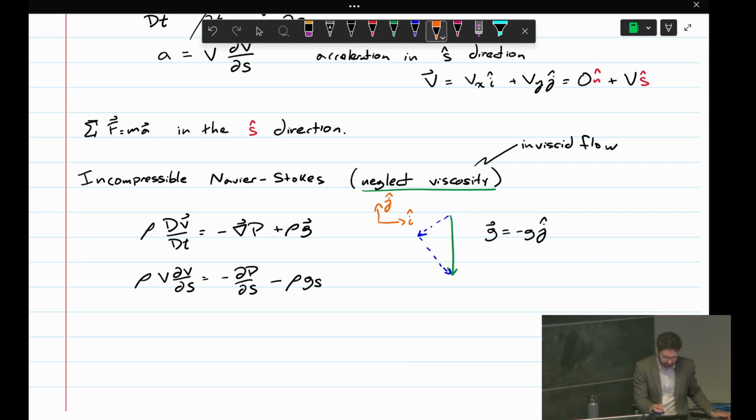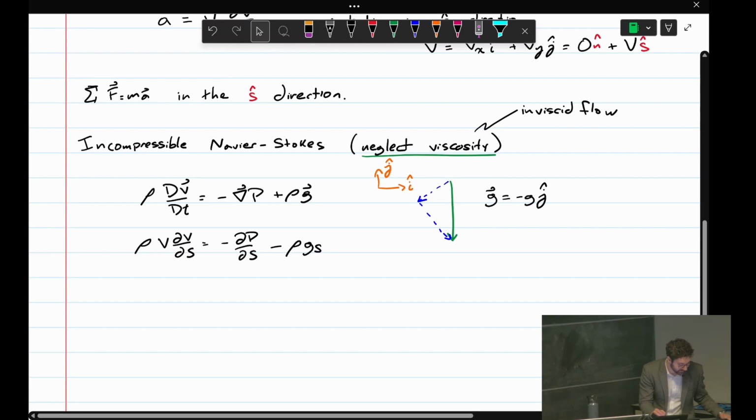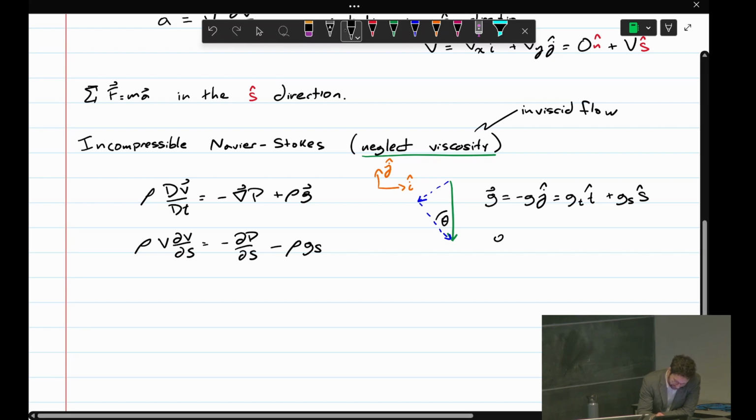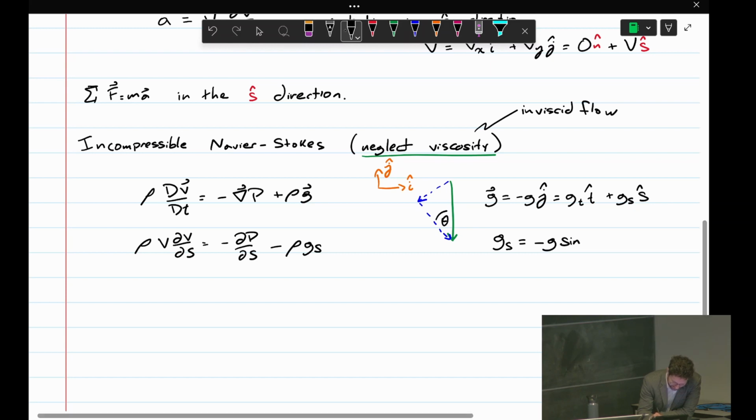The coordinate system is just y defined upwards, so our gravity vector is downwards, so g is negative g j hat. In our tangential normal coordinate system, that will have two components now. We'll have some gt t hat plus gs s hat. Now there's an angle here, theta. We can compute gs is negative g sine theta.